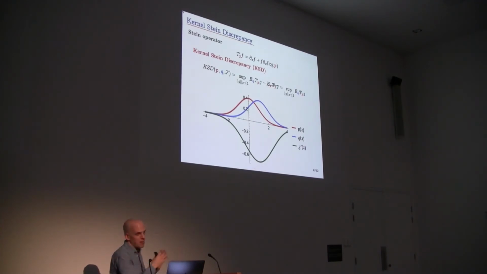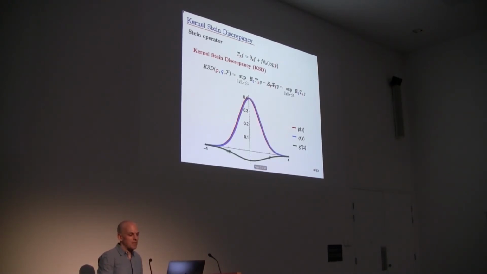Remember that p is my model distribution, and I made the expectation under p vanish. My witness function now just has large amplitude where q has a lot of mass and p doesn't. It doesn't have the corresponding positive bump where p has much more mass than q. So it tells me where q has a lot of stuff that p doesn't. As p and q, as these means approach each other, this function is getting flatter and flatter, and indeed it will be 0 when the distribution is p.